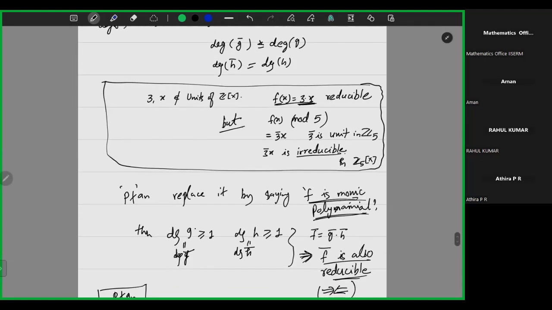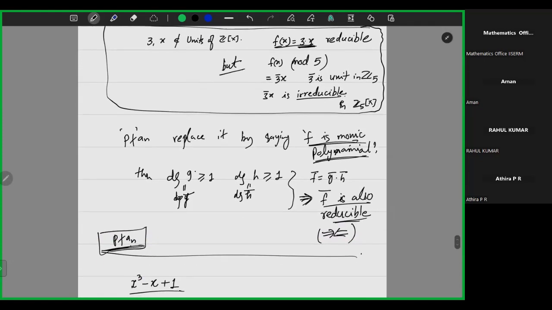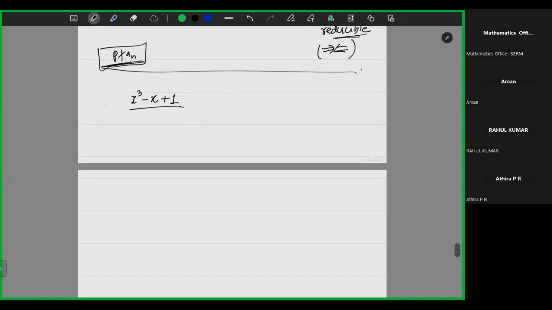I'll do this in the next video. For here, since F is a monic polynomial, we can check in some Zp[x] whether it is irreducible or not, and accordingly it will be clear. Let's see if in Z2[x] it is irreducible or not.